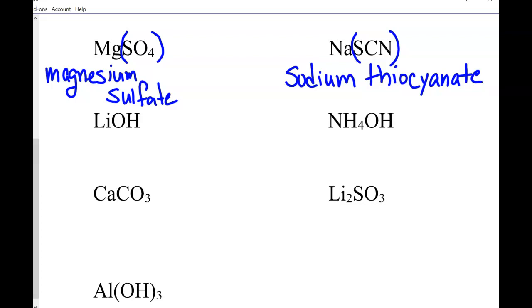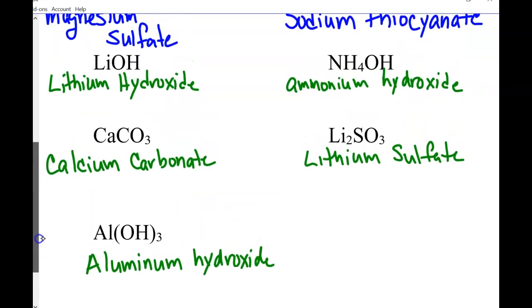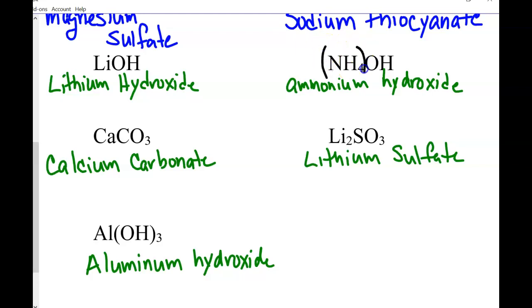See if you can get these. All right, kids, so let's check your answers. LiOH is lithium hydroxide. NH4OH is ammonium hydroxide. And that's because our two polyatomic ions are NH4 and OH. CaCO3 is calcium carbonate.